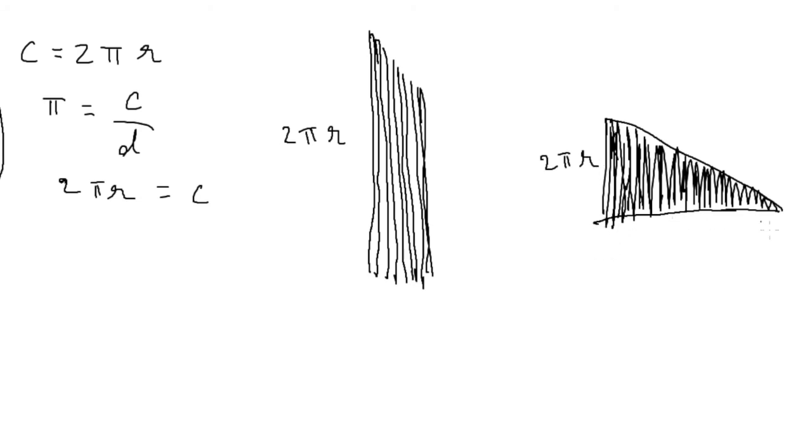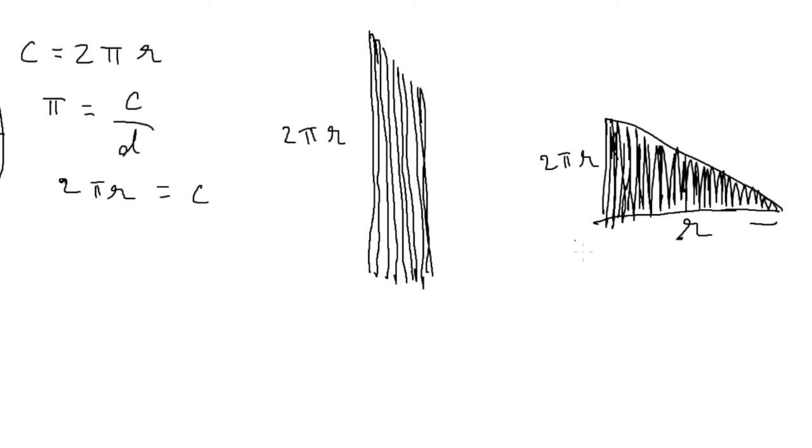Now, what is the width? The width of this triangle is just going to be the sum of the widths of the infinitely small lines. Now, what is that? That's just going to be this line right here. And what is this line? That's the radius. So, this line right here, the base, is just the radius.